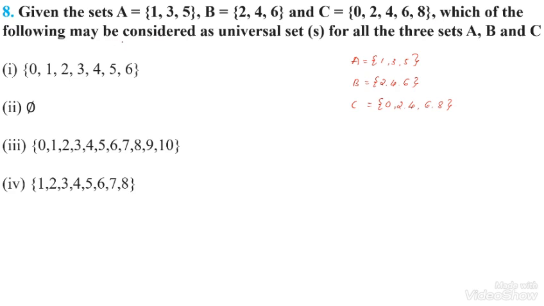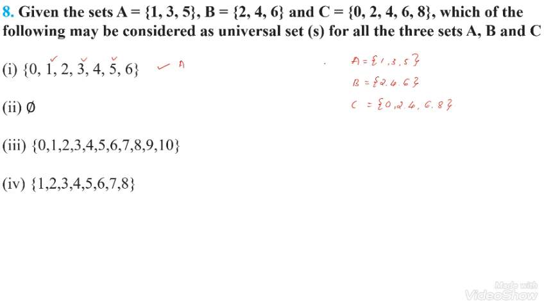Which of the following may be considered as the universal set? Out of the four sets, we have to check the universal set for these three sets. I will check the sets one by one. Here, the set A containing the elements 1, 3, 5: yes, it is there in the first set.